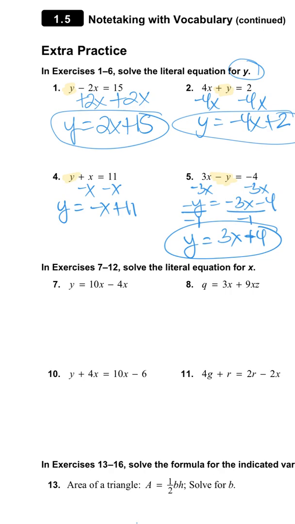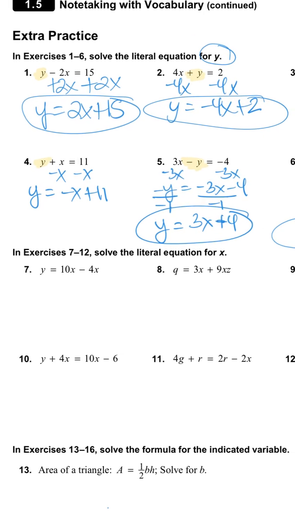Okay, here now all of these we're solving for x. So it changed the variable that we're solving for. So this time we're going to put those together. So y equals 10 minus 4 gives us 6x divided by 6. So y divided by 6 equals x. Okay, here we've got a 3x here. We've got that 9xz.